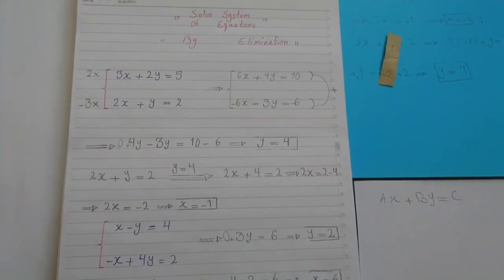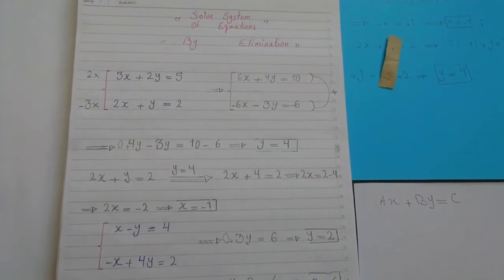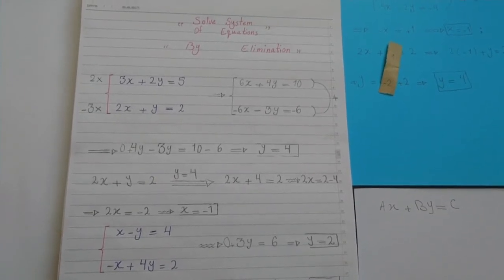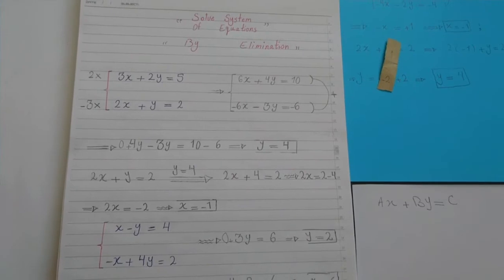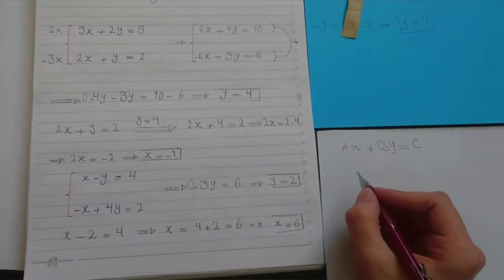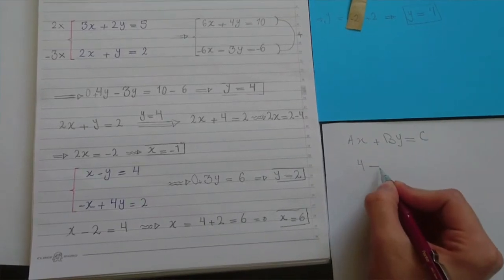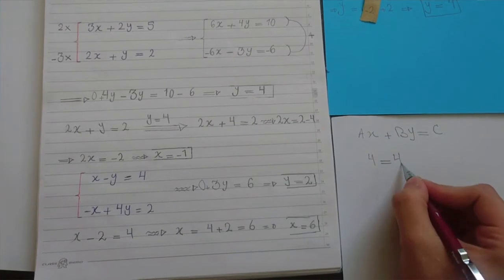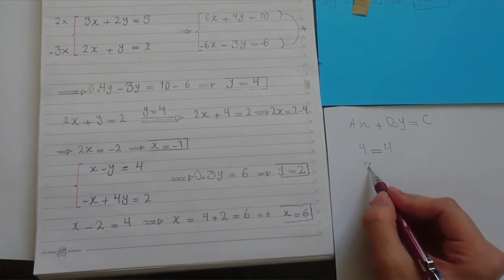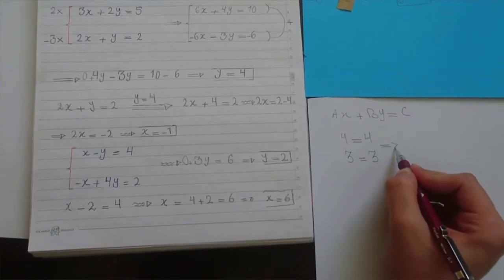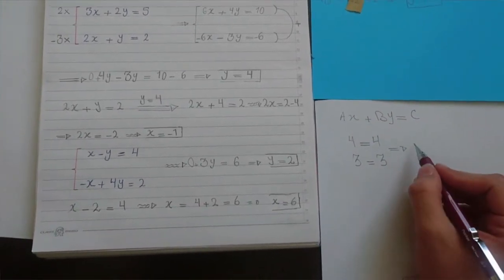The elimination method for solving systems of linear equations uses the addition property of equality. It says that you can add the same value to each side of the equation. It's like if you have 4 equal to 4, and 3 equals 3, you can add both sides of these equations.